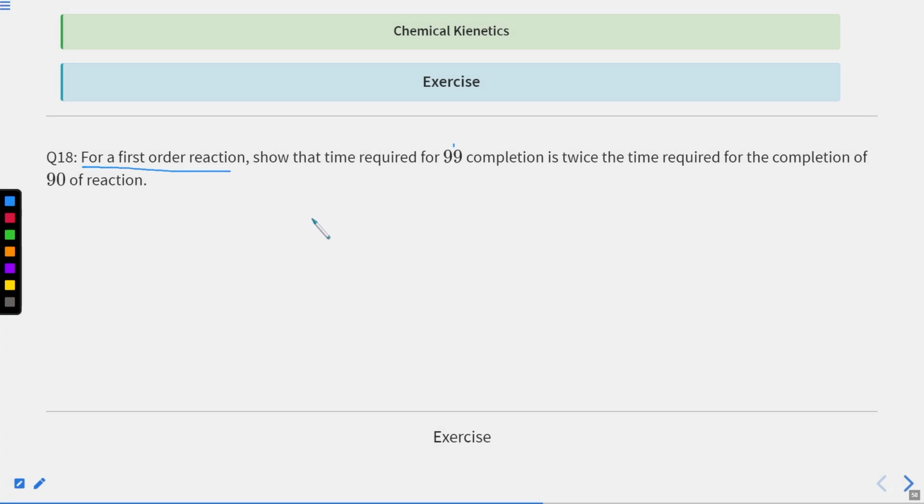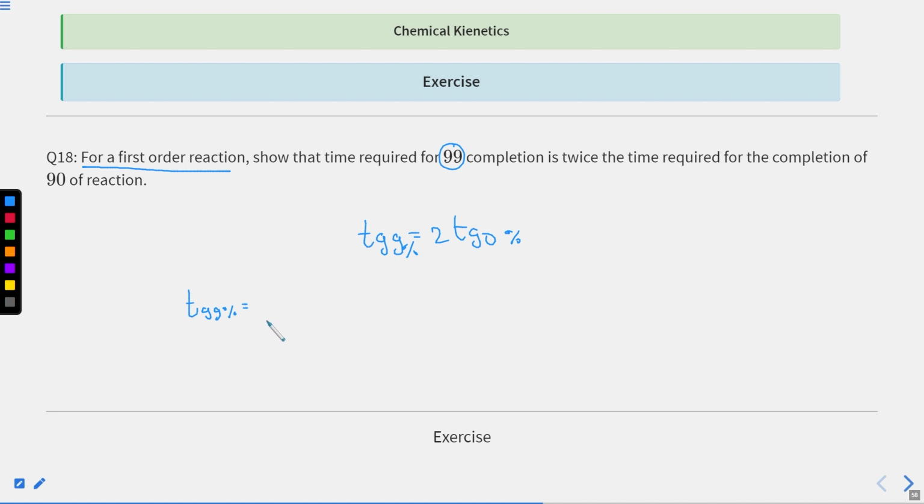So we have the first order reaction. We have to show that 99% is twice the time required for the completion of 90% of the reaction. Now for that we have to write the rate law. Since this is the first order reaction, for 99% we have to show that this is twice the time as T90. Now next we will write the rate law for first order reaction for 99%.